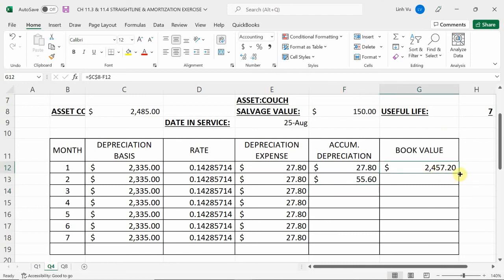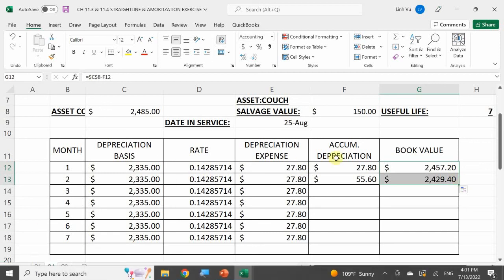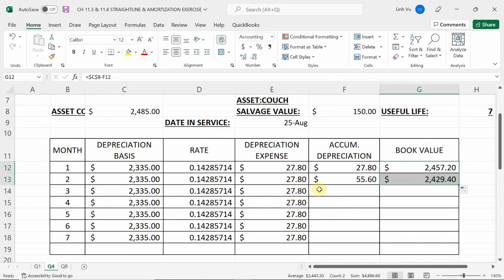It'd be the cost minus the 2,424 or 29. Yes. Okay, what about my accumulated depreciation for the third month?